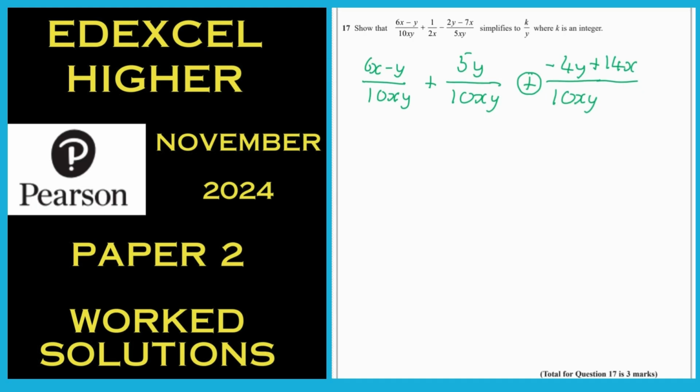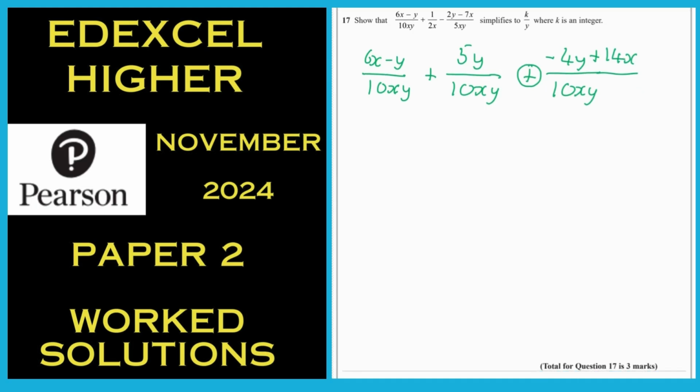And that's just one of those things I prefer to do, because now when we combine them, you should always take care with minuses, but mine's already taken care of. 6x minus y plus 5y minus 4y plus 14x. As you can see, what actually happens is minus y minus 4y is minus 5y.